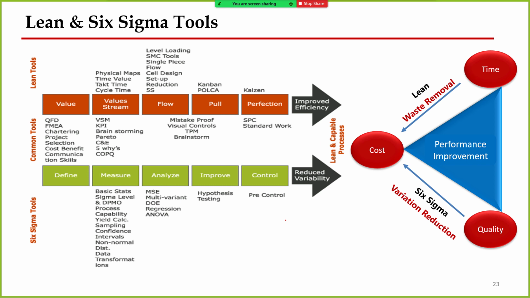In this particular slide, I am showing you that the ultimate target of lean is waste removal. The ultimate target of Six Sigma is waste reduction. So ultimately we would be able to improve the process. When we are able to reduce the wastages, we would be able to improve our lead time and deliver the product faster to the customer.